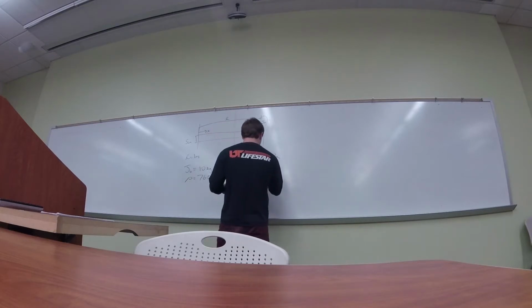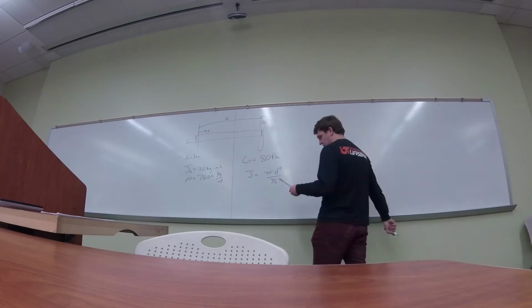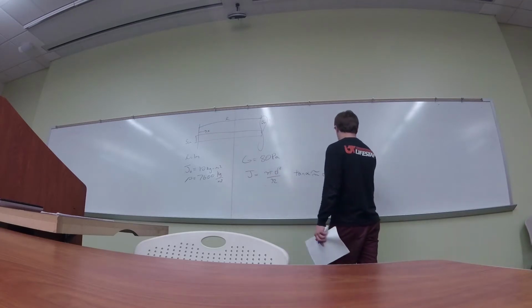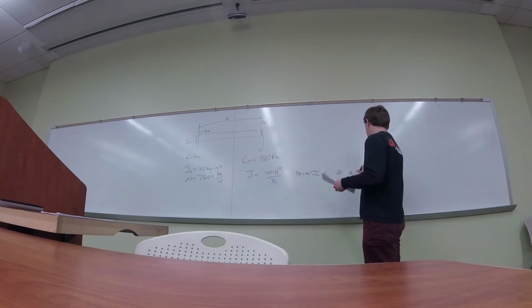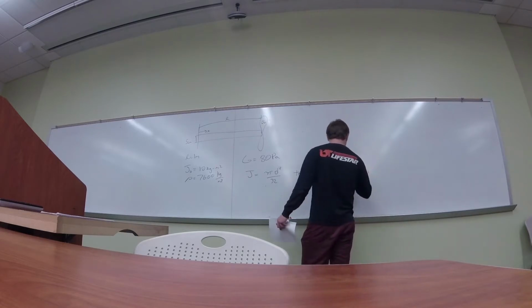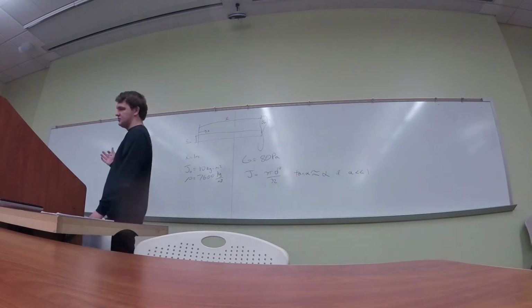The polar moment of inertia of the rod is going to be pi d to the 4 divided by 32. And he also tells us that tangent of alpha is approximately alpha if, and really only if, alpha is less than 1. So that's kind of the initial problem he gives.